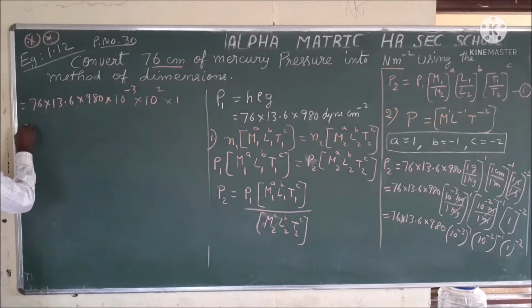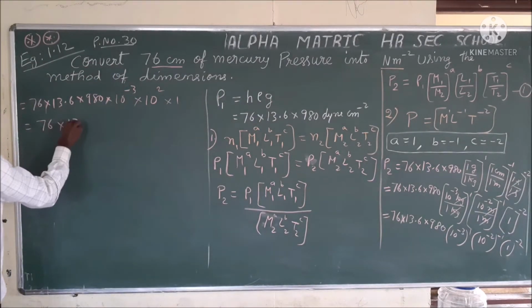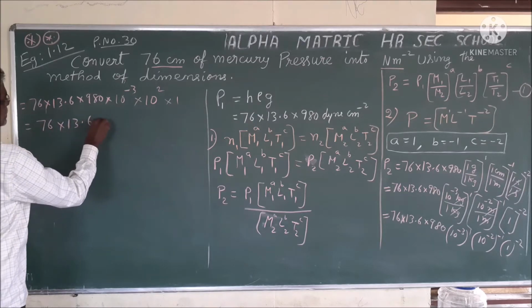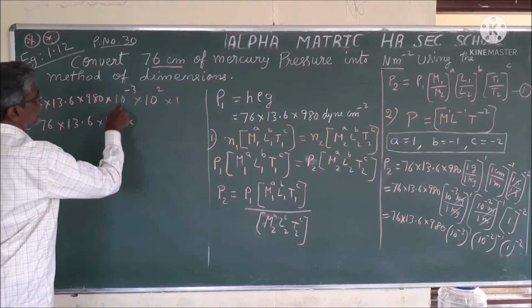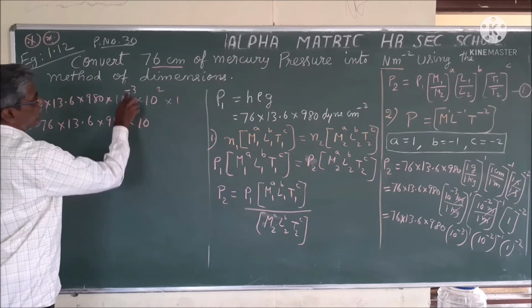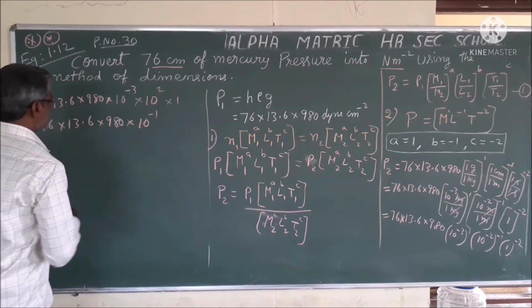Now this can be written as 76 into 13.6 into 980 into 10 power -3, 10 power 2. -3 plus 2 becomes -1.